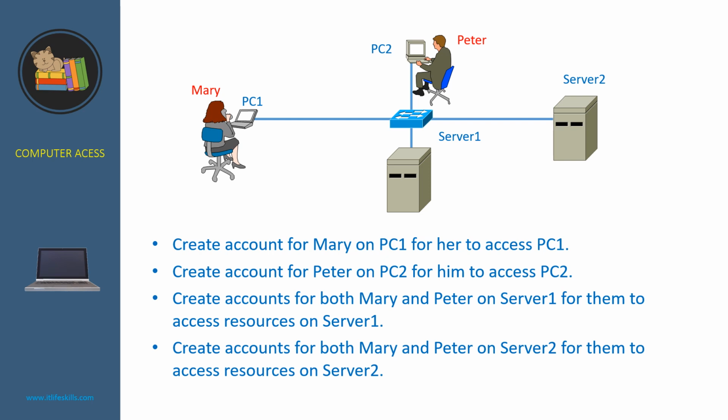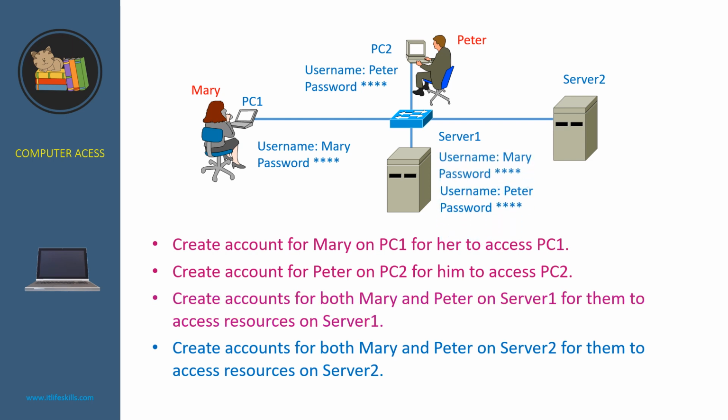To achieve the requirements for this workgroup, we need to create an account for Mary on PC1 for her to access PC1 and create an account for Peter on PC2 for him to access PC2. Then we need to create accounts for both Mary and Peter on server 1 for them to access resources on server 1. And finally, we need to create accounts for both Mary and Peter on server 2 for them to access resources on server 2.